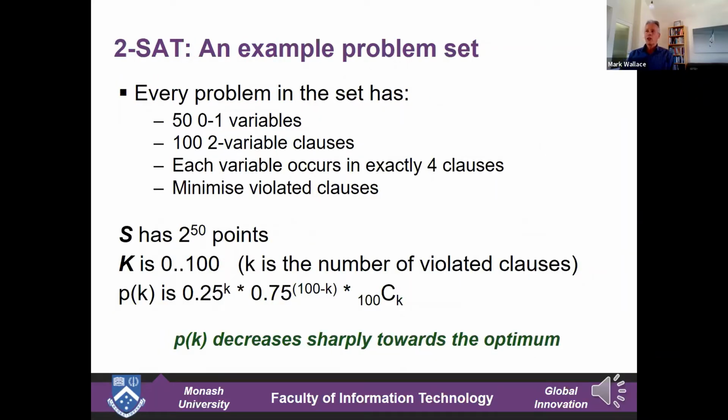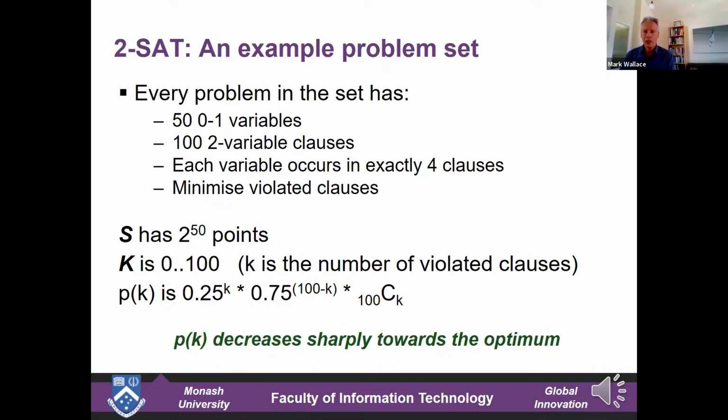So let's start with an example problem set. Every problem here is a 2-SAT problem. We've got 50 0-1 variables, 100 clauses, and they're just 2-variable clauses. Each variable occurs in exactly 4 clauses. And we're trying to minimize the number of violated clauses. So our set S has 2 to the 50 points. Our fitness range K is the number of violated clauses, so it's between 0 and 100.